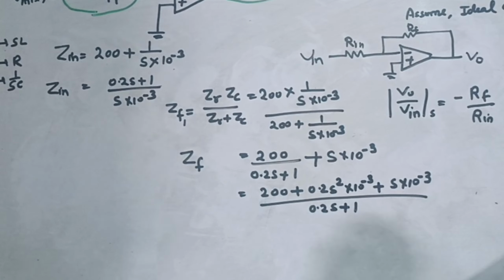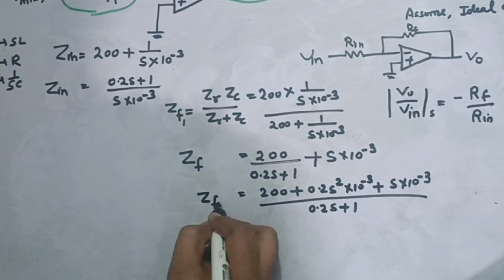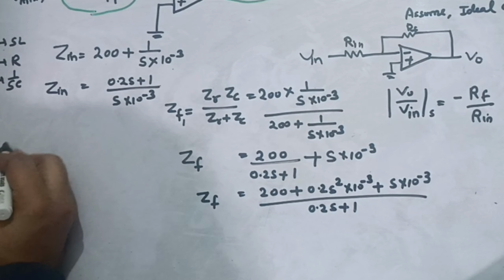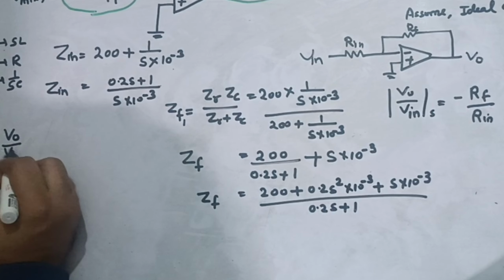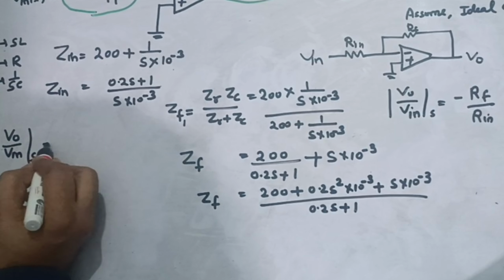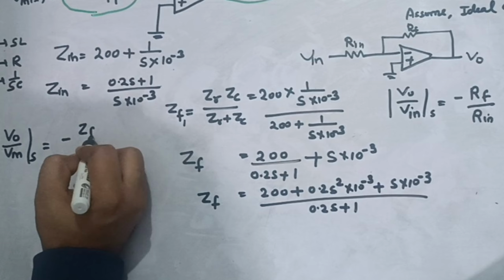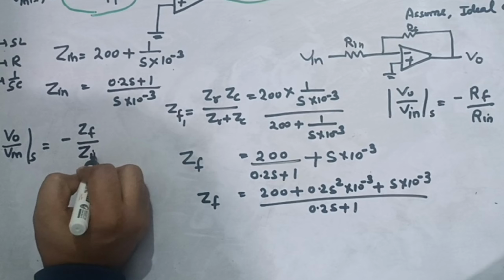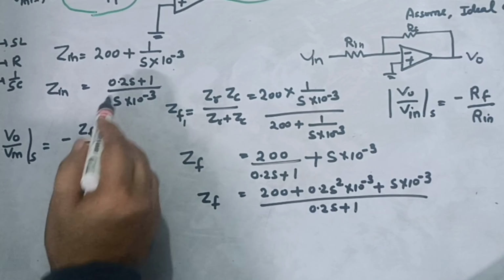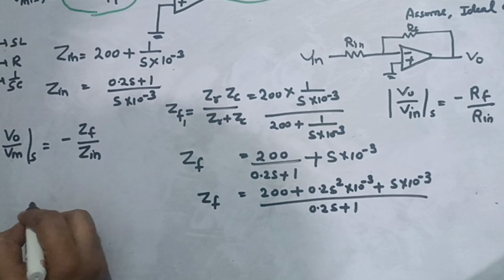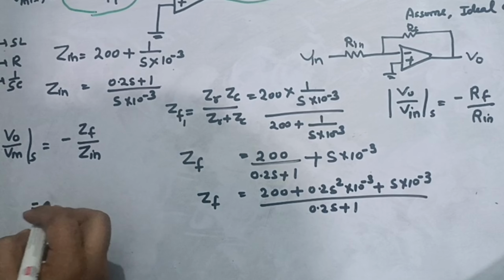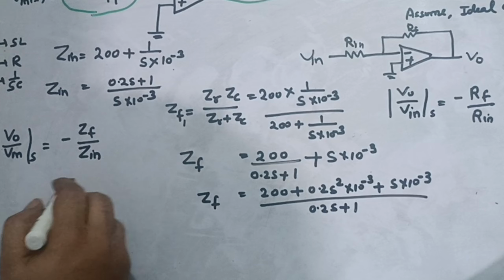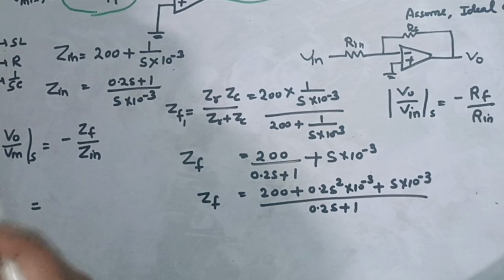Now this is ZF, and if I have to find V out upon V in, I need to do minus of ZF upon Z in. So if I put this value and divide with this one, the final value which I will get, maybe I can put it here to show you how we are solving this.